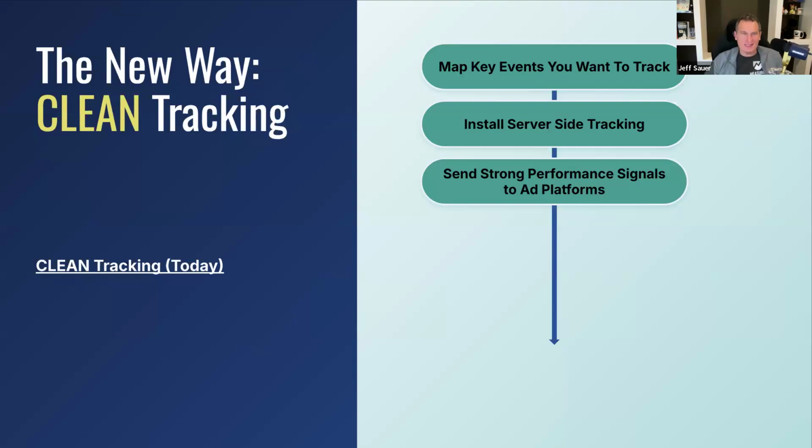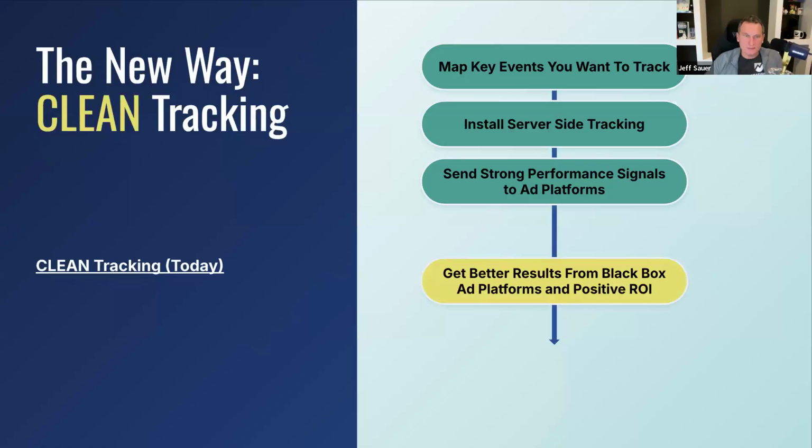And even if you're not running ads, it's not just about ads, it's about any traffic driving source. Even strong signals to your email marketing platform is going to make your email perform better. Strong signals to anything that you have out there is going to make it perform better. This allows you to get better results from black box ad platforms, black box anything, and you can eke out a positive ROI or increase your return on investment.